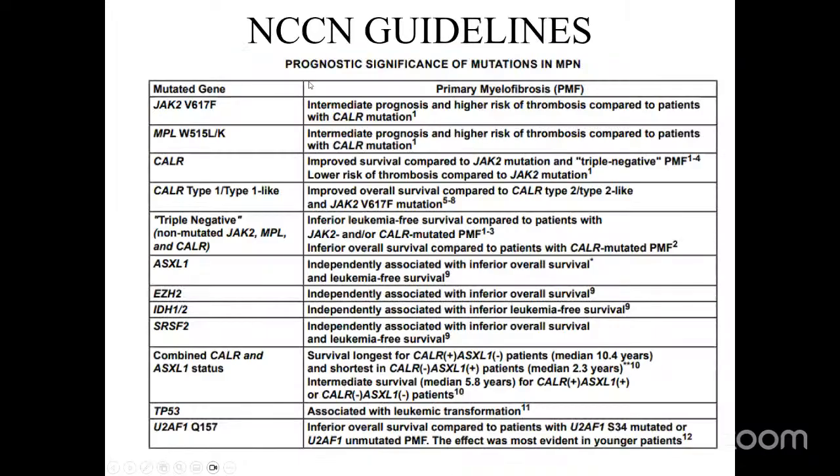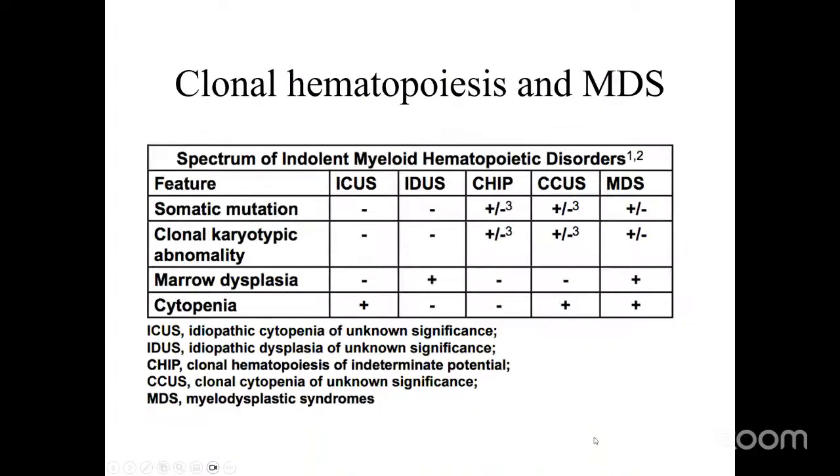You can see that there is prognostic significance to the type of CALR mutation, so even within the gene, what type of mutation is identified matters. And if it is triple negative, which means negative for JAK2, MPL, and CALR, it usually has an inferior leukemia-free survival. The other mutations also make a difference in the prognosis.